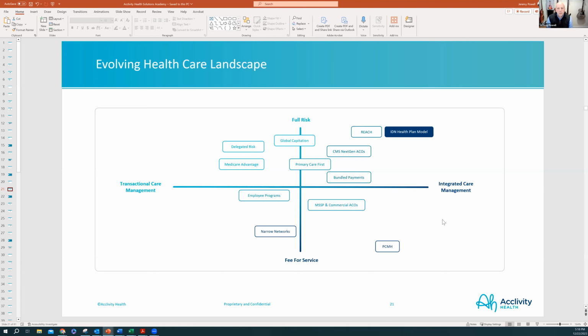Where most of the money in these models, and where most premium dollars get paid out in the model design, is in the top right quadrant. So more risk and more of an integrated care delivery model.